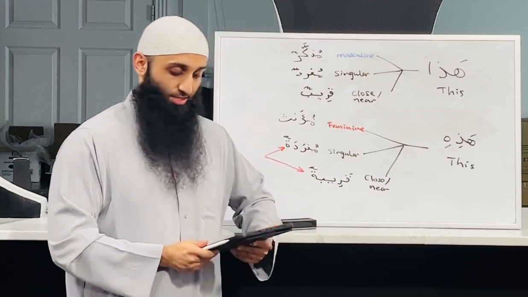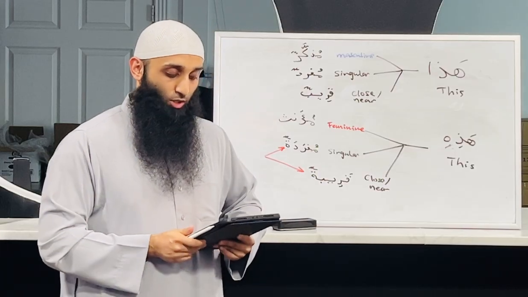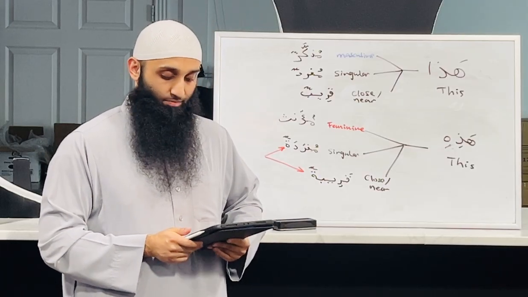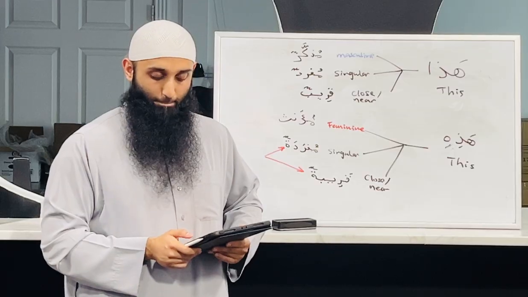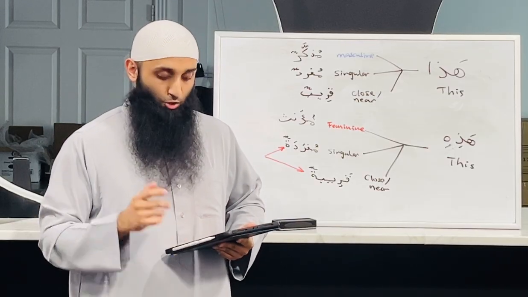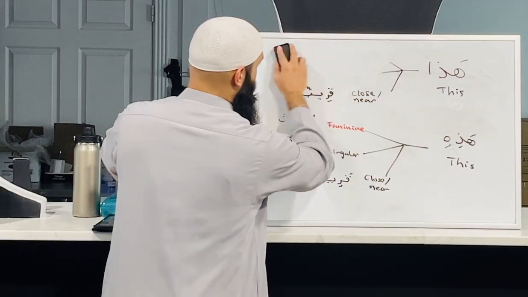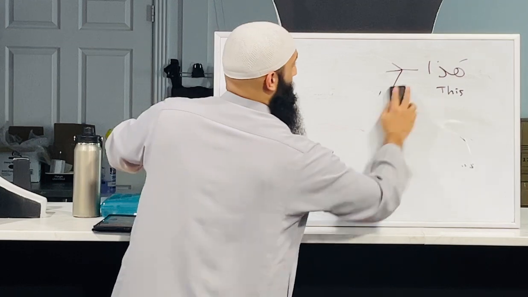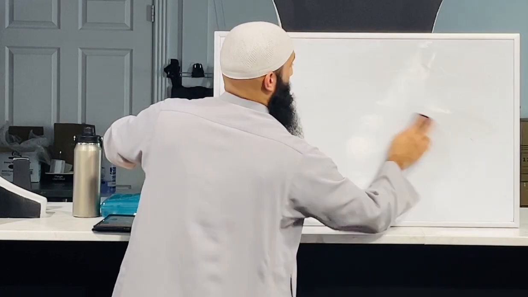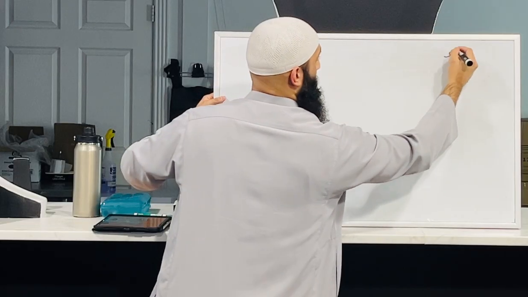Who can read the next sentence? Ahiya aydan muhandisatun. What does that mean? Is she also an engineer? Also, yep. So look here. We learned huwa.